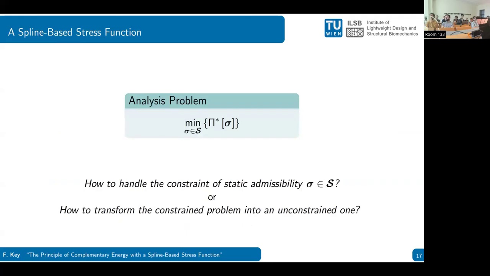Imagine you have an optimizer that can only handle unconstrained optimization problems, and you would have to somehow get rid of this constraint of static admissibility, or formulate it slightly differently. So how to transform this constrained problem? This is the driving motivation for the approach.